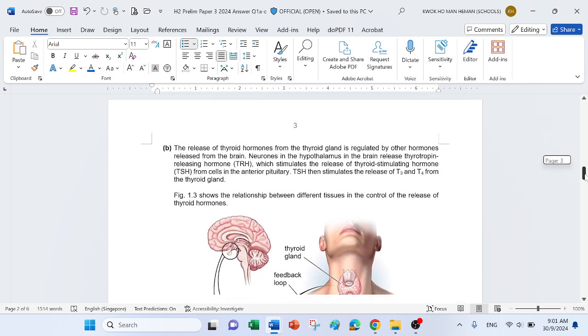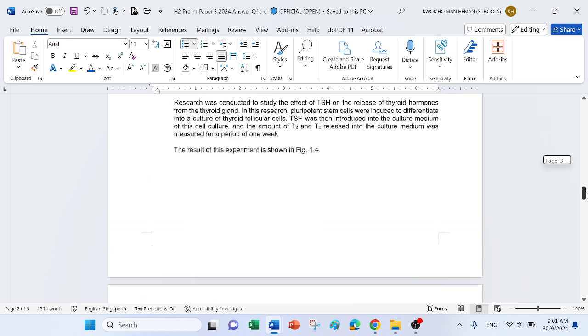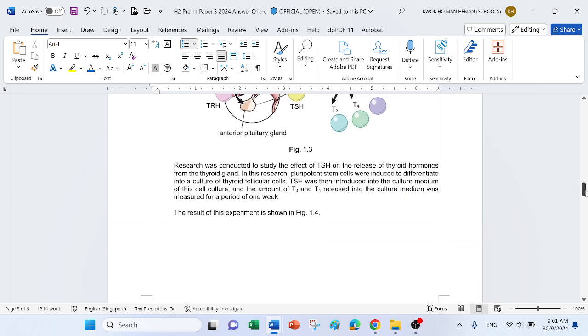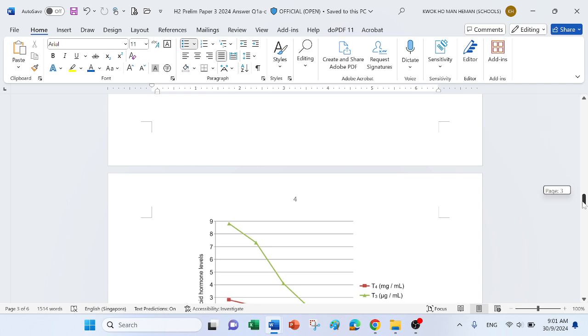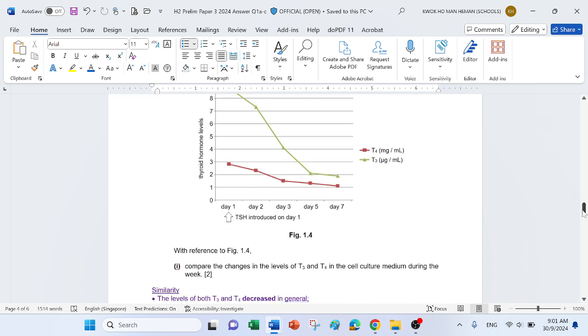Okay, then move on to part B. A lot of information given. That is how paper 3 is like. You have a lot of information. You need to figure out what is important, what is not, right? And sometimes the information needed to answer a question might be quite far away, meaning you might have a question at the more at the back of, say, question 1, maybe like one part G, for example, but then the information is actually given right in front.